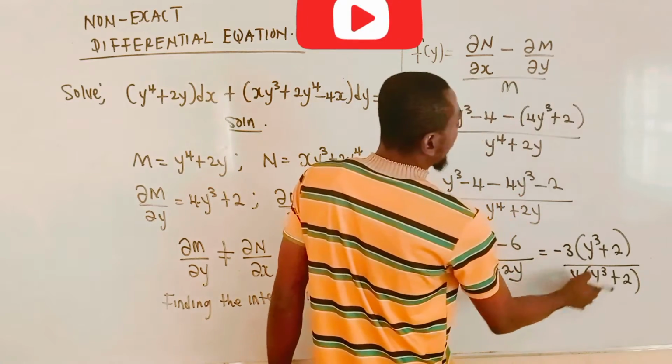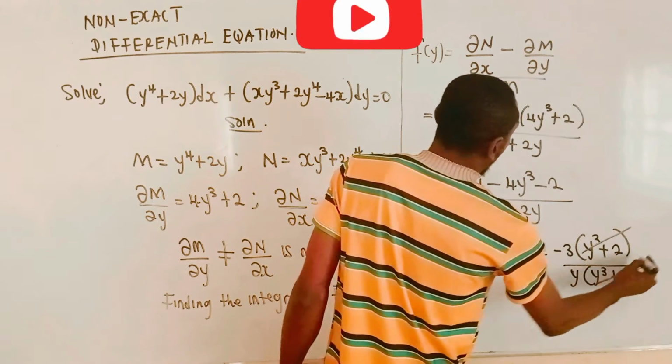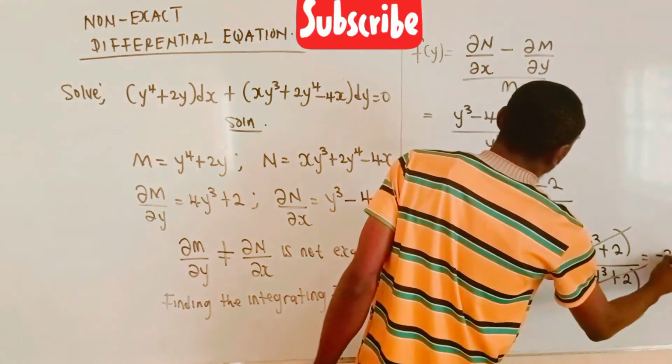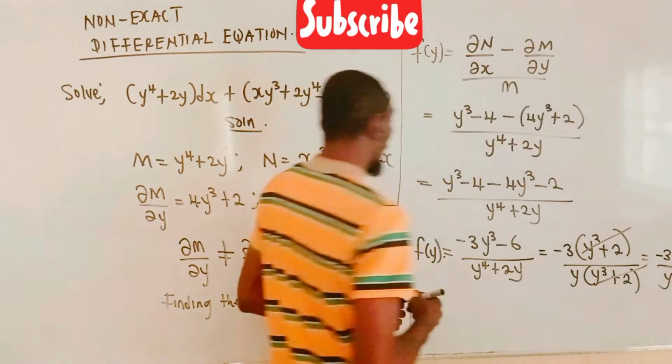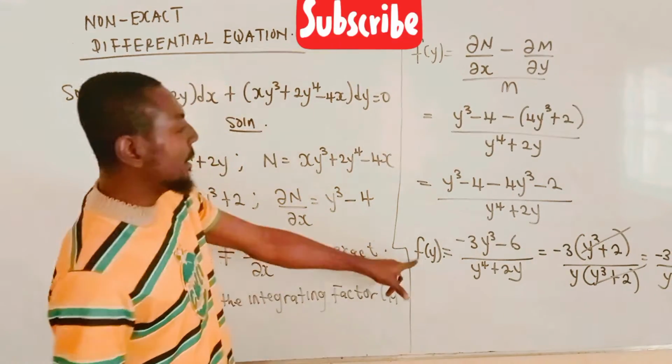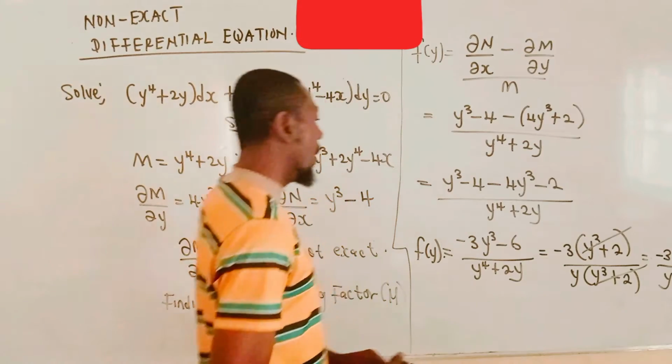As you can see, we have the same thing up and down. This can cancel this, so we have the value to be minus 3 over y. So we have our f of y now equal to minus 3 over y.